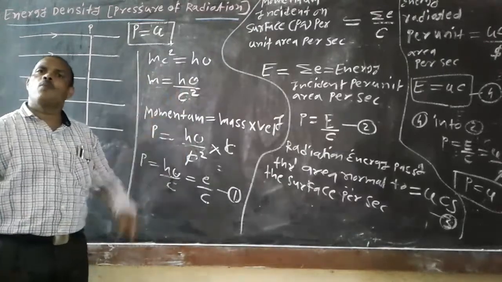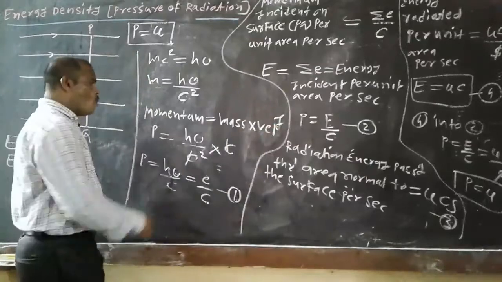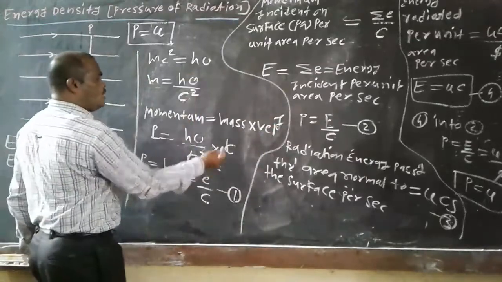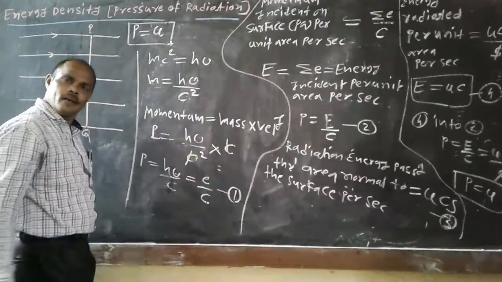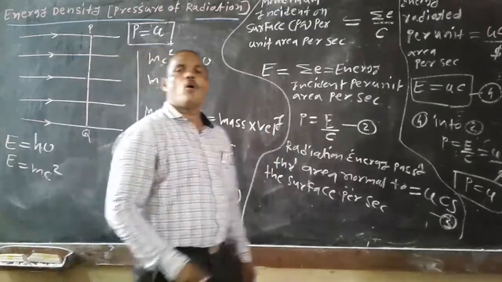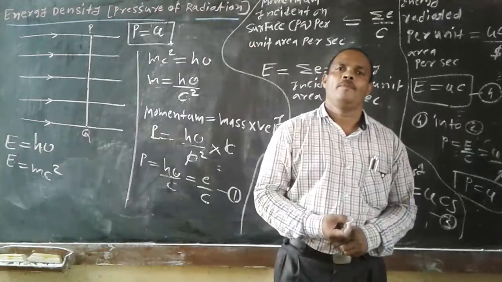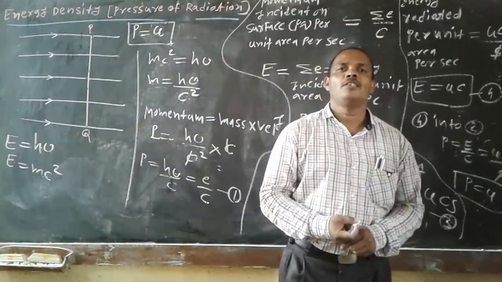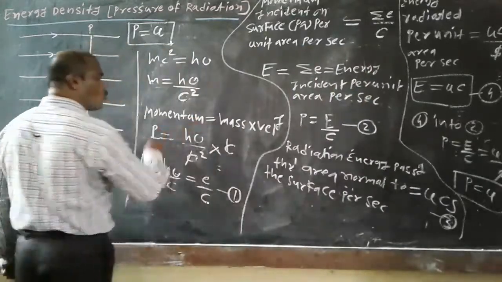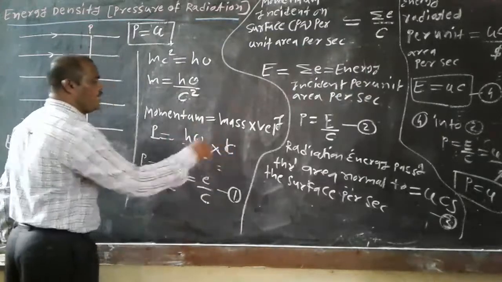Then momentum of the photon, product of mass and velocity. Momentum of photon is p, mass of the photon is h nu upon c square, and velocity is that of light, that is c, because photons travel with the velocity of light. So we get momentum of the photon p equal to h nu upon c square into c.